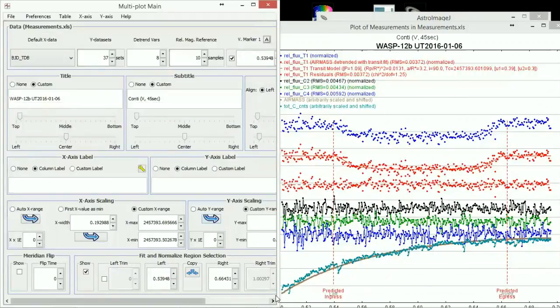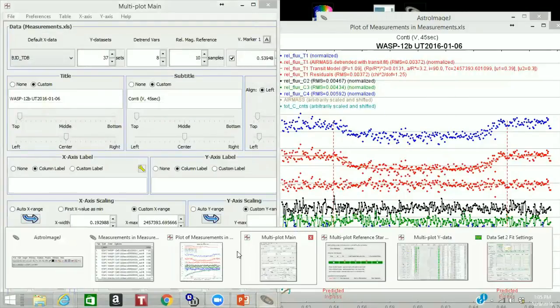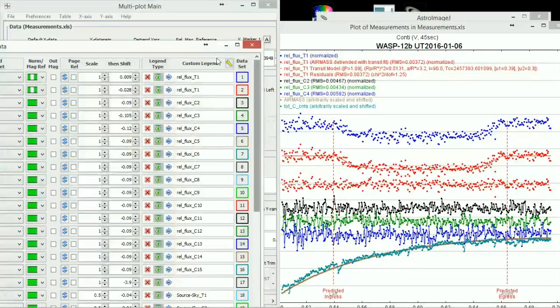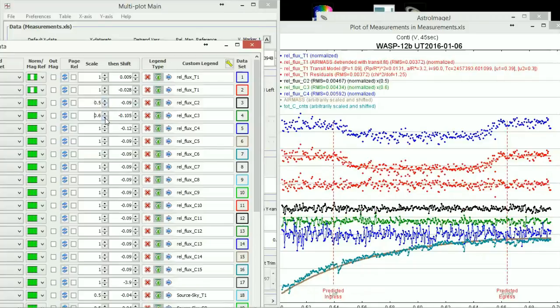We do that by going to our multi-plot Y data screen. Let's scale the CompStar plots to 0.5 just to make them a little bit easier to see. Okay, there we go. So here are our CompStar plot screens.